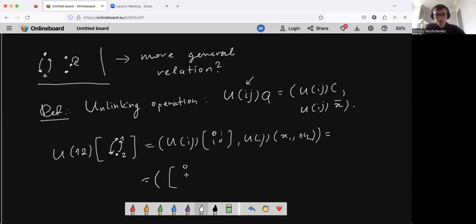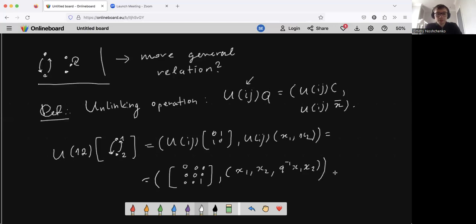So then we have this matrix, right? And the vector of variables is changed. We have x1, x2, and the new variable is Q inverse x1, x2. So this is how we present this previous example by just this new notation.